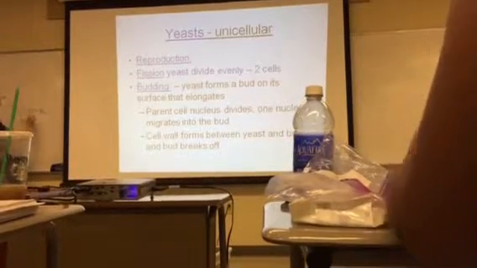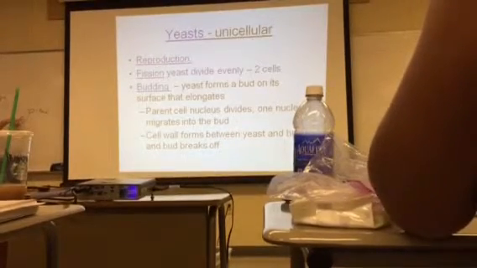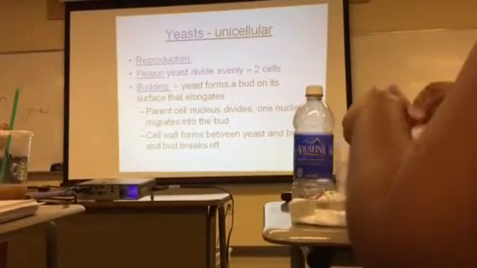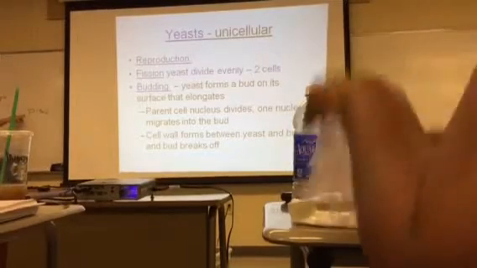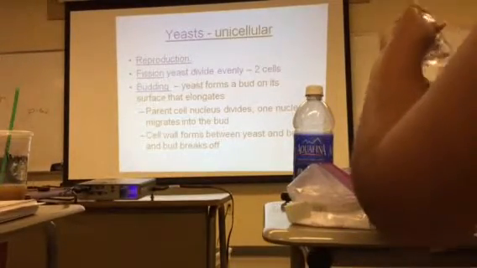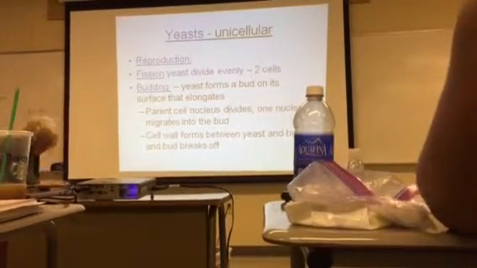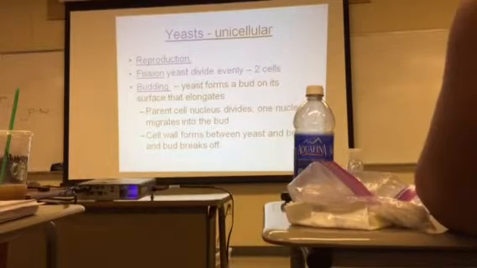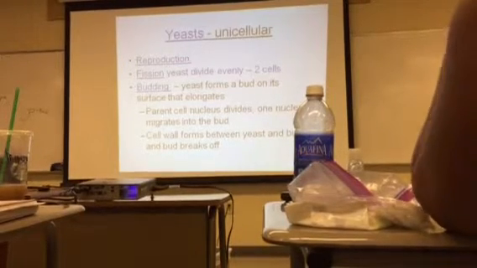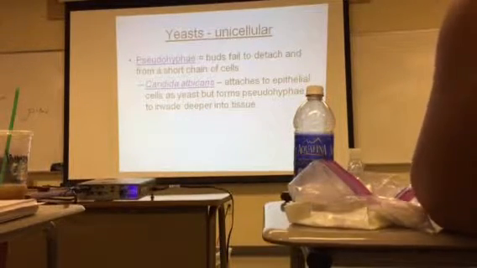This bud is eventually going to be another yeast cell. The nucleic acids in the yeast are going to divide and go into that bud, and the cross wall is going to form. One replication will go in the bud, and the other one will stay in the original parent cell, and then that bud is going to break off and form a new yeast cell.